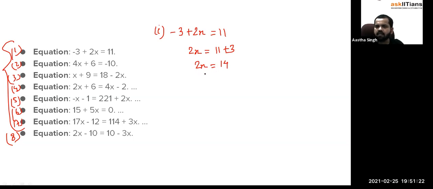Here 2 and x are multiplied, so if 2 goes to the other side, it goes in the form of division. So 14 by 2 will be equal to 7. It means x is equal to 7. You have to find the value of x. Try to do question number two, guys, and find the value of x.